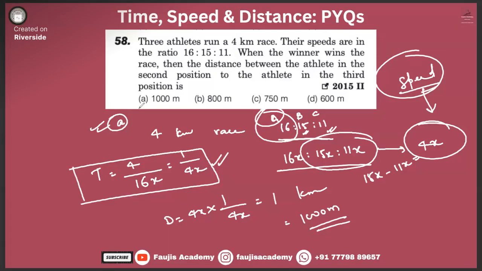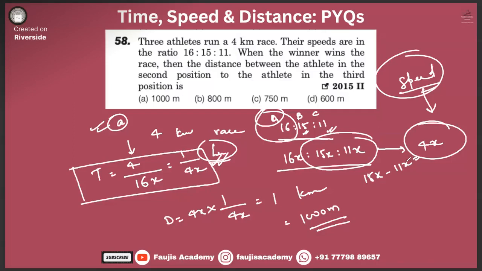We have just assumed that 16x, 15x, 11x is the speed. So t will reach at these many hours, isn't it? Distance by speed, 1 by 4x. And B is leaving behind C at the speed of 4x.